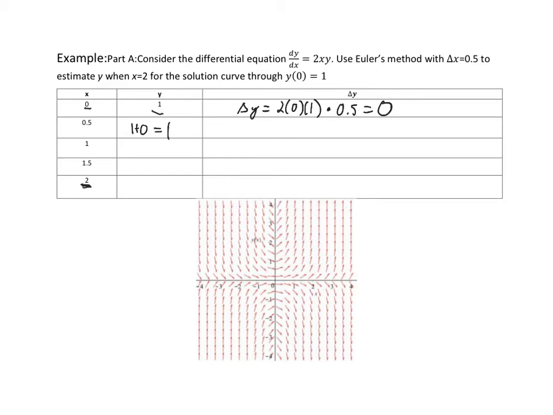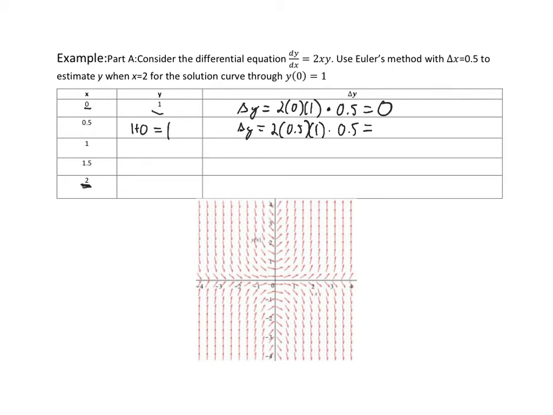Alright, so let's move on. We're going to change x again by 0.5. So we're going to jump from 0.5 to 1. So delta y is going to equal 2 times the x-coordinate, which is 0.5, times the y-coordinate, which is still 1, times the delta x, which is 0.5.